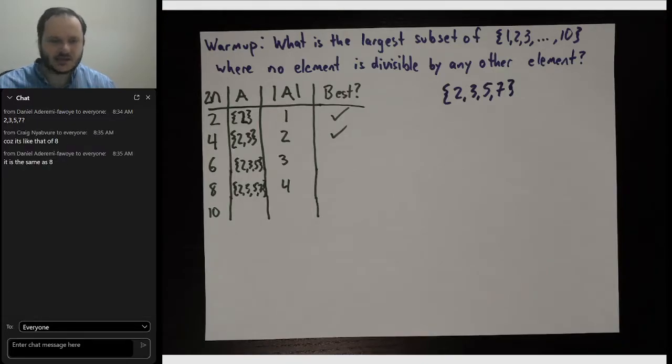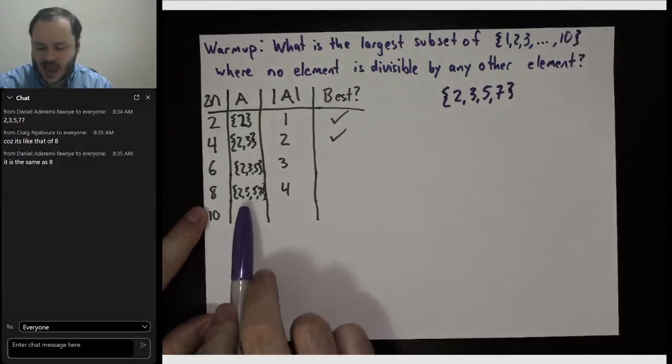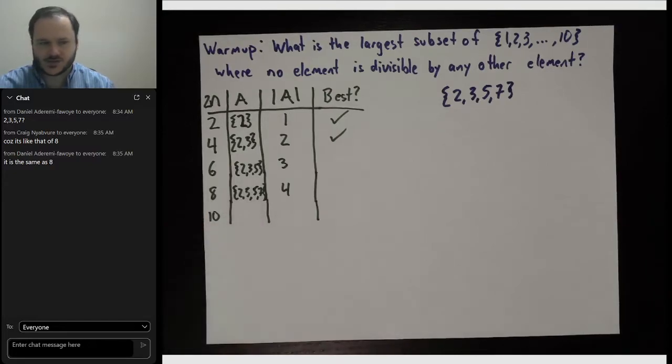It's the same as 8. That's one good reason. We're going all the way up to 10 instead of just 8, but we haven't added anything. So that's one good reason why maybe it's not the most exciting.